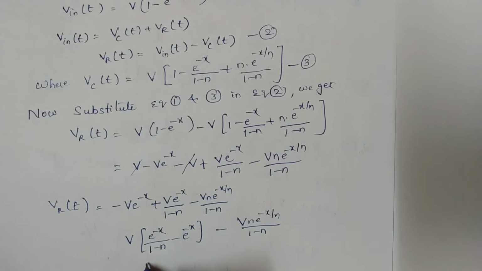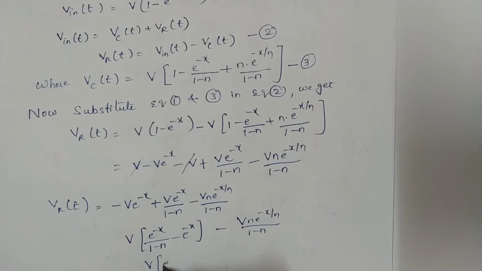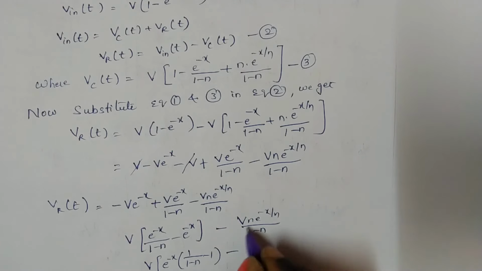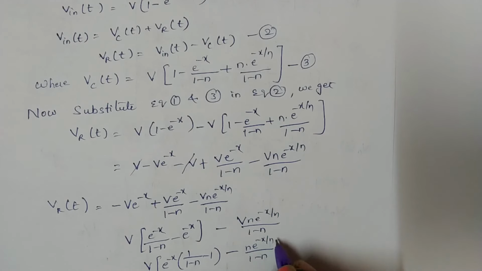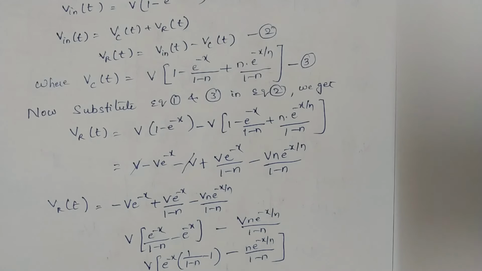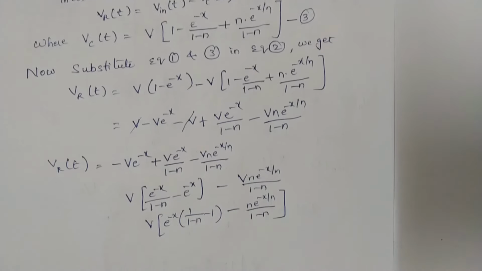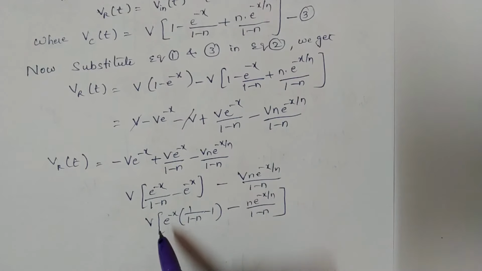Now simplify this. Taking V into e power of minus x as common, we get V into e power of minus x into 1 minus n minus 1, and taking n into e power of minus x by n by 1 minus n common as well.